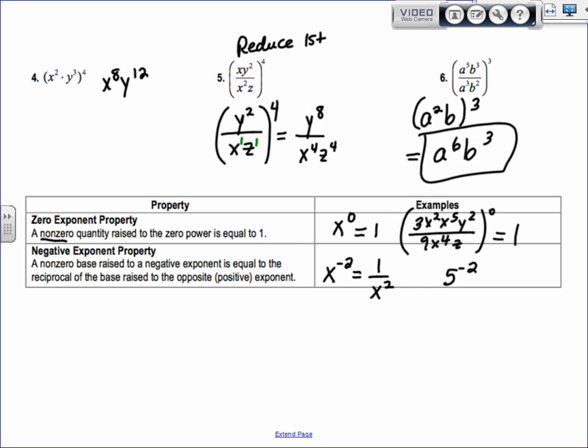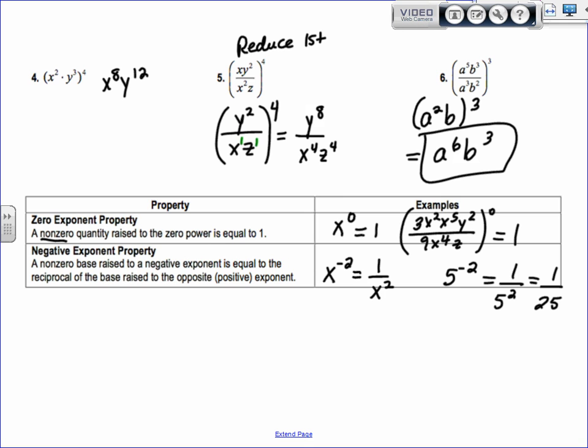And every year someone writes negative 25. 5 to the negative 2 is 1 over 5 squared, which is 1 over 25. Is it negative? No, it's not negative. Exactly. So it's never going to be negative. A negative exponent does not mean that the number is negative.